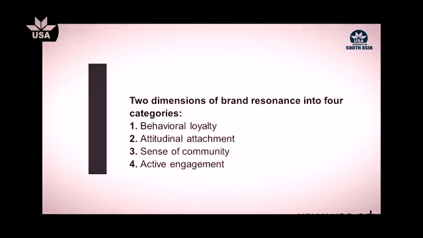Now let's look at that. These two dimensions are broken down into four categories. Behavioral loyalty, which we already discussed: people who like Colgate toothpaste, some of whom would like to buy Colgate Total that would save you from decay and all the problems, with fluoride and calcium to strengthen your teeth and a good mouthwash to give you good breath.